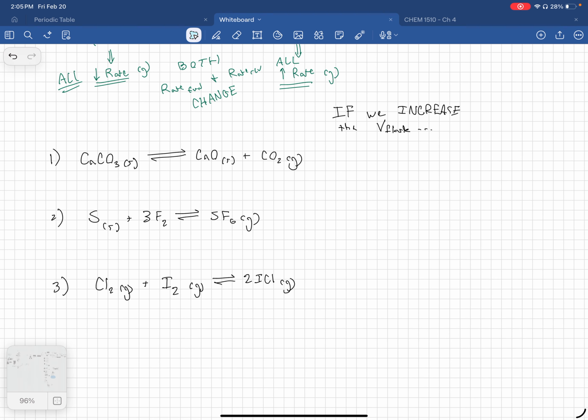Our options are going to be shift left, shift right, or no change. So that's what we're going to try to predict for each one.